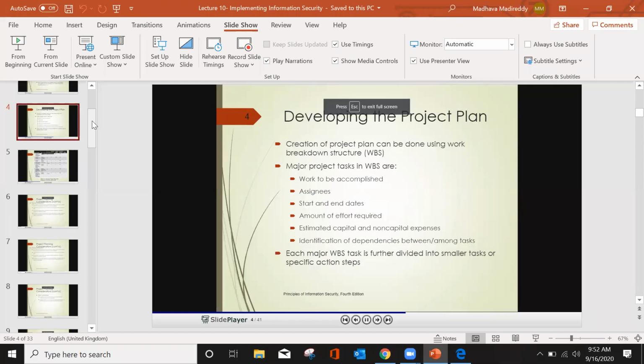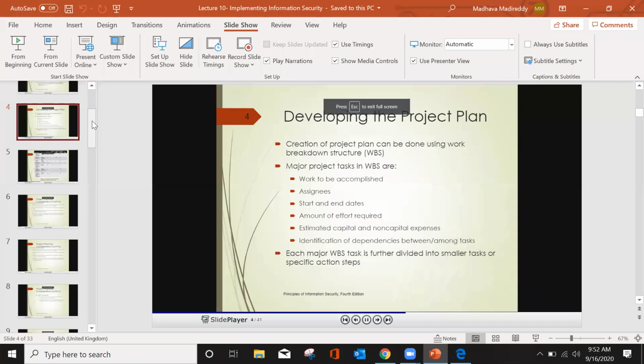Then we understand the start dates and the end dates for the project, and we calculate how much time and how much effort is needed to finish the work. To implement a certain part of the project, how much effort is needed? Then we estimate the capital and non-capital expenses.